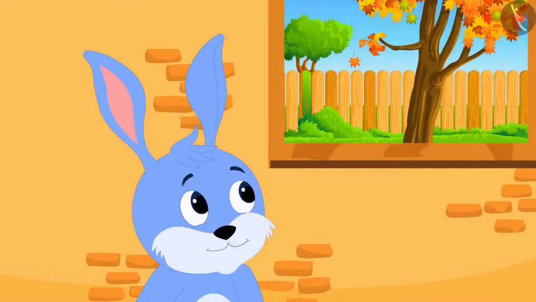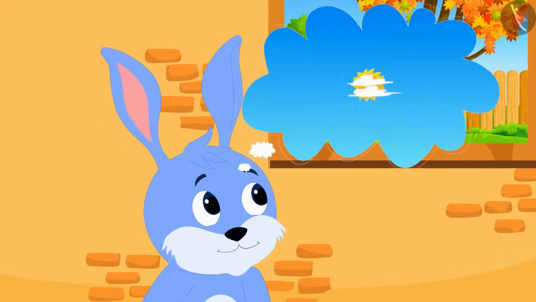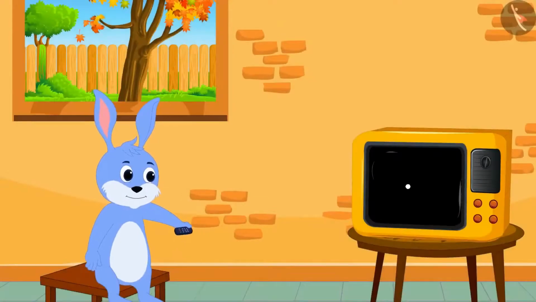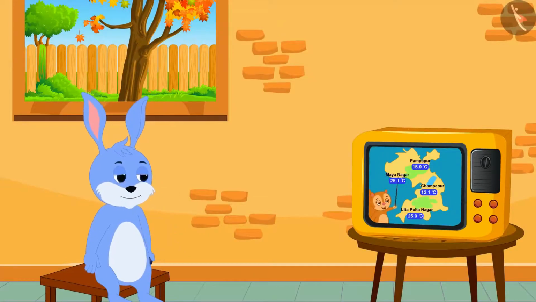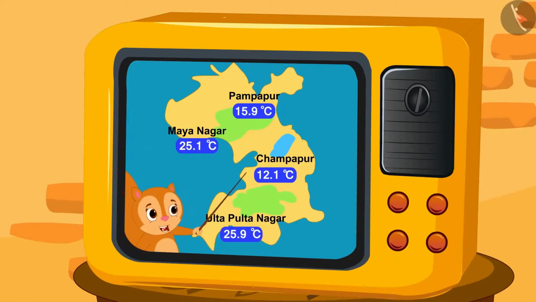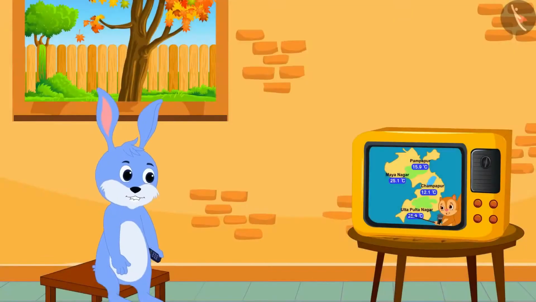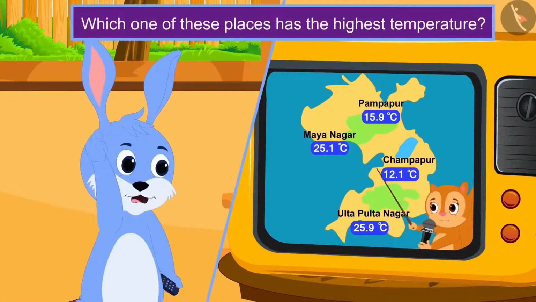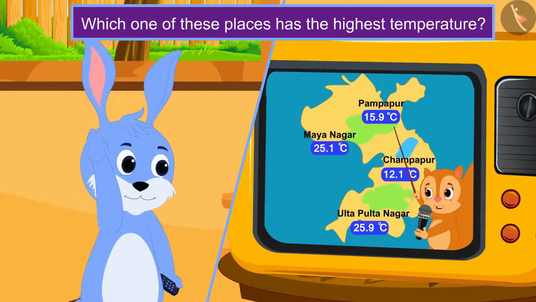So Bunny wants to go to a place where the temperature is the highest. Bunny immediately turned on the news on his TV. Temperatures of various places are shown in the news. Which one of these places has the highest temperature? Bunny started thinking.